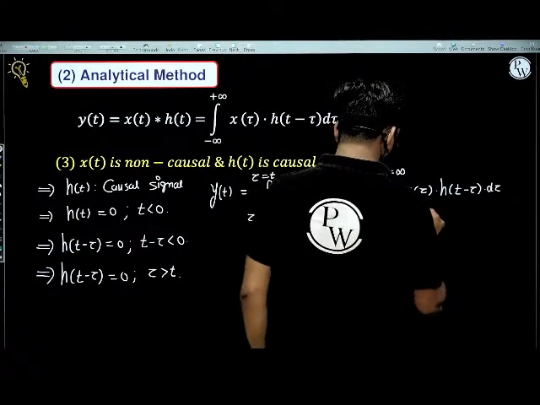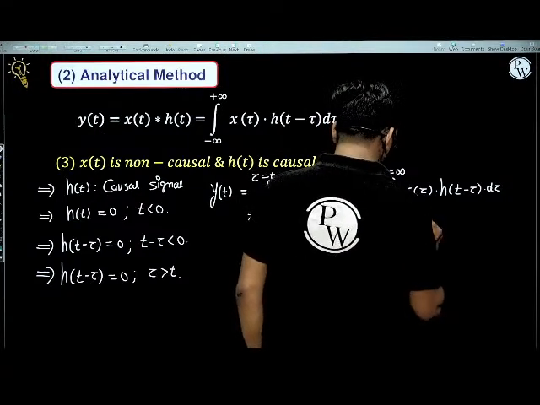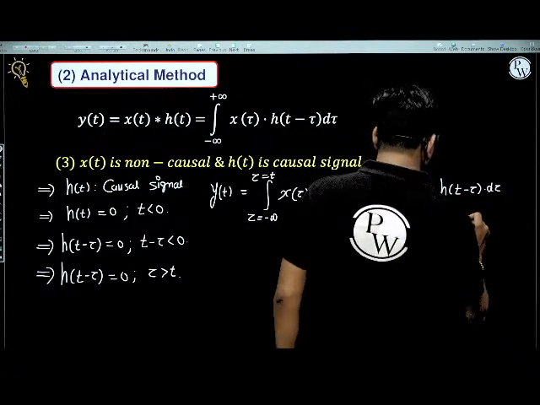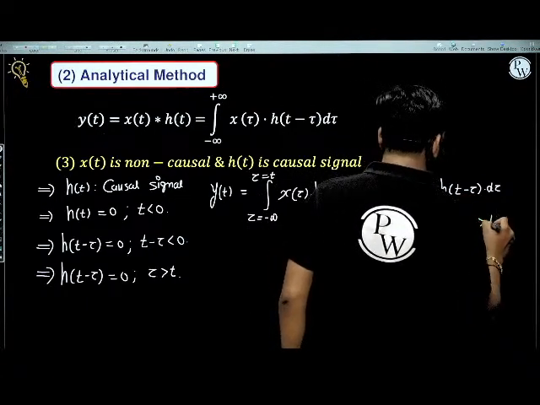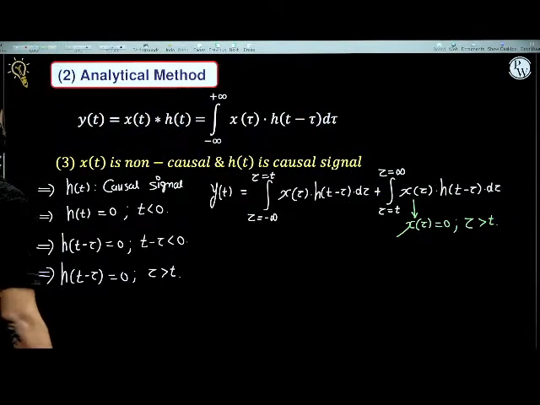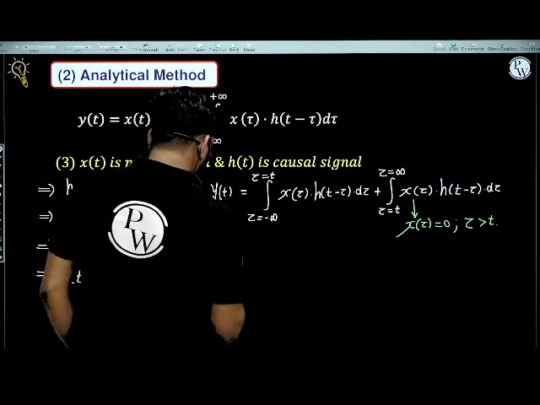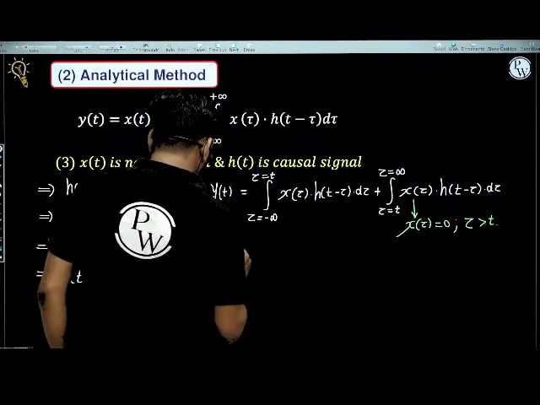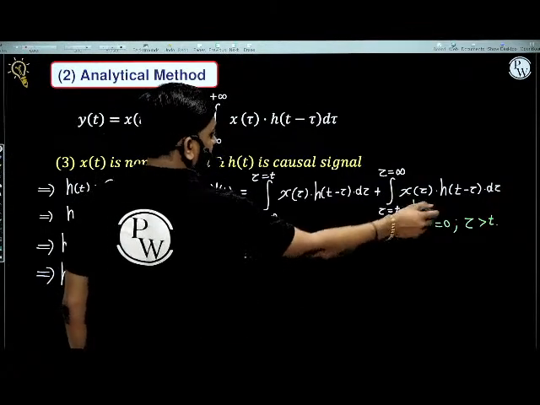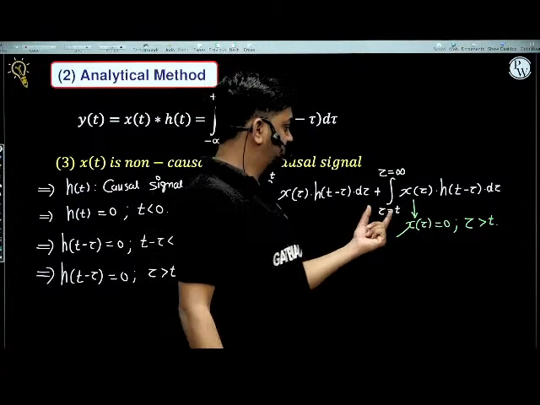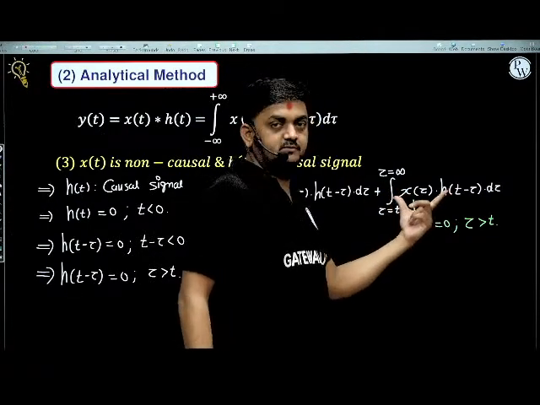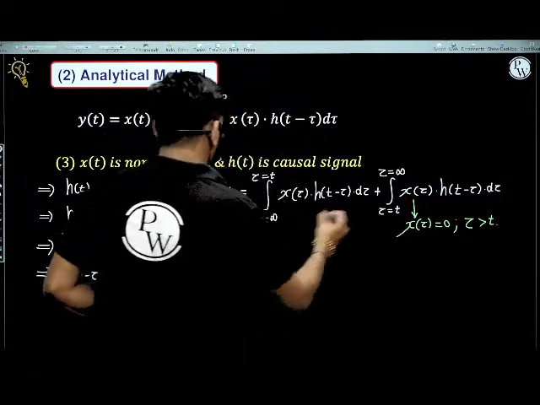So this is 0 for tau greater than t. So the answer of the second integration will be 0.